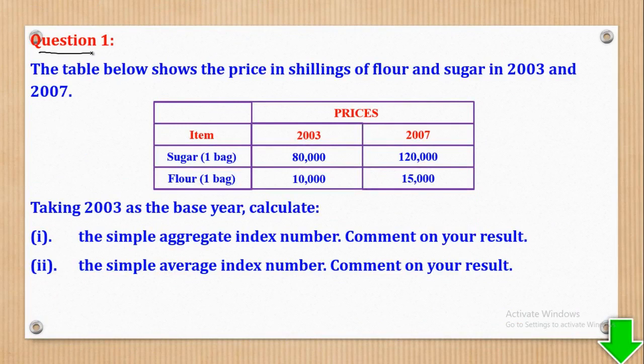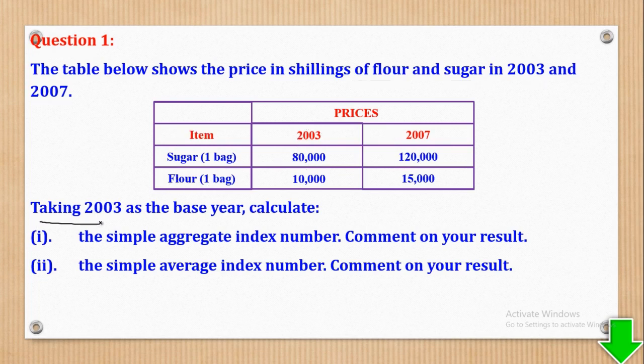So with those formulae, let's look at the questions. Question 1 says the table below shows the price in shillings of flour and sugar in 2003 and 2007. These are the items, prices in 2003, prices in 2007.